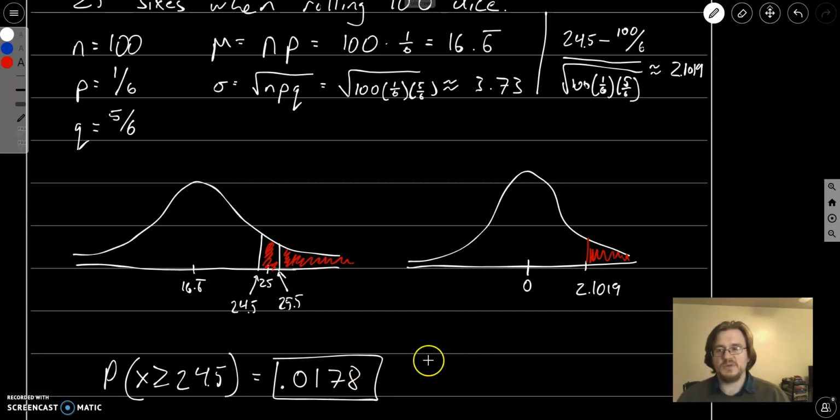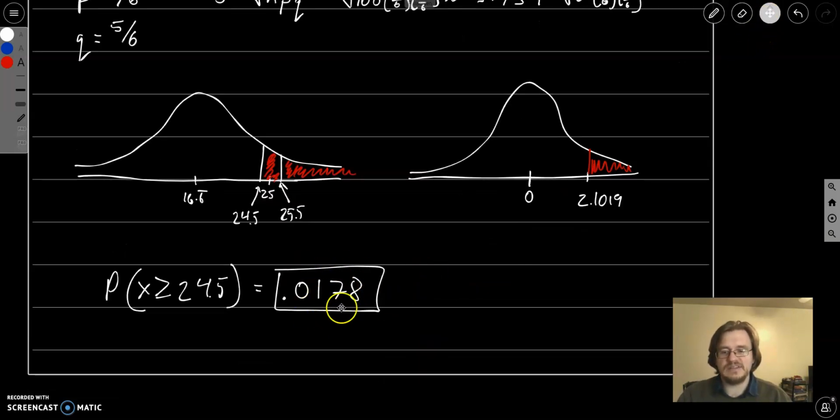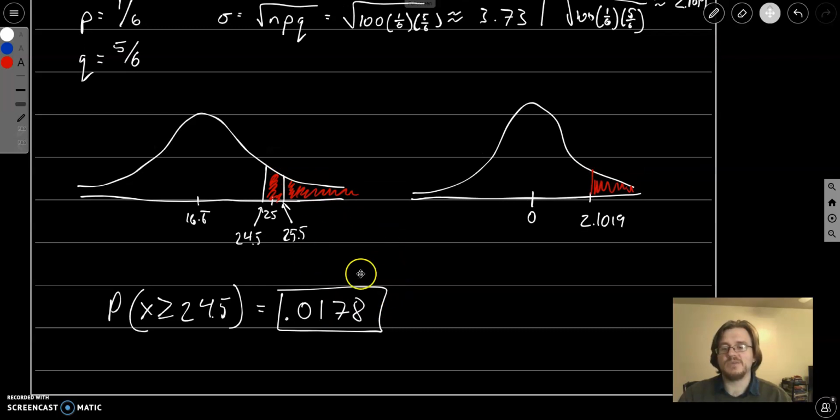This is the probability of rolling at least 25 sixes according to the normal approximation of the binomial distribution. This event is less than 5%, so it's less than 0.05. If this were to actually happen, this would be a significant event, and I might be led to believe that maybe the die was not fair.